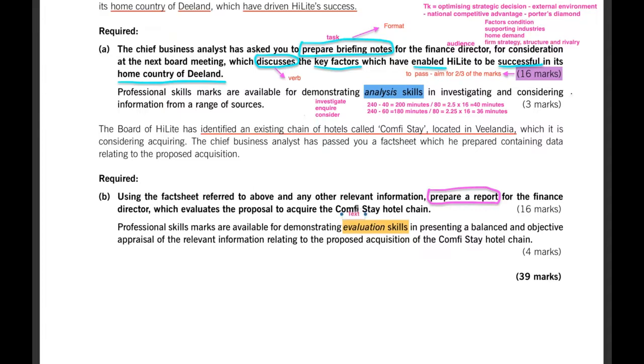So this is your task. The format you should know: for the finance director, which evaluates.